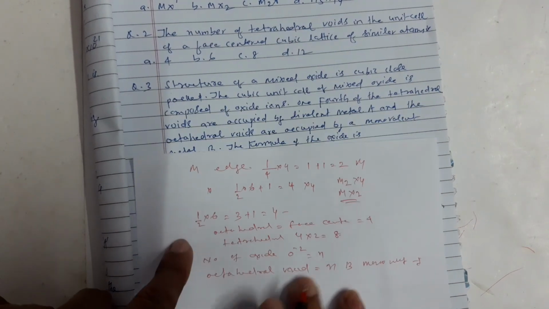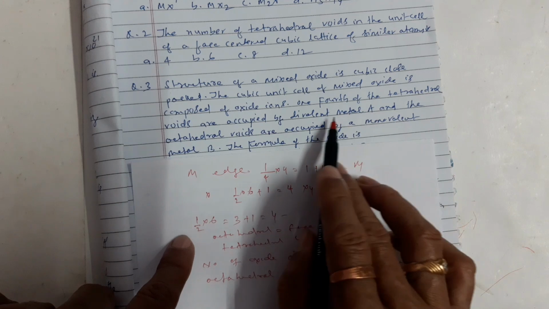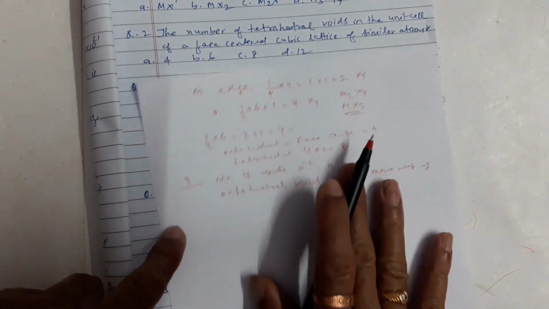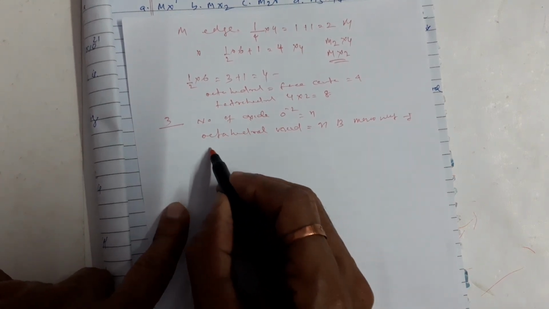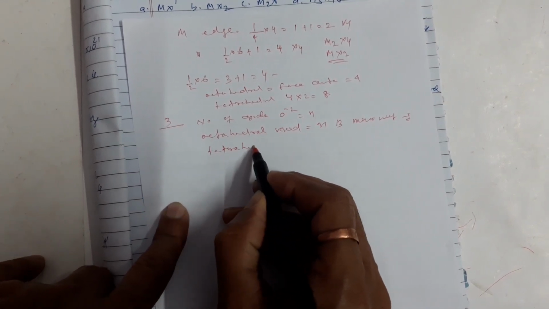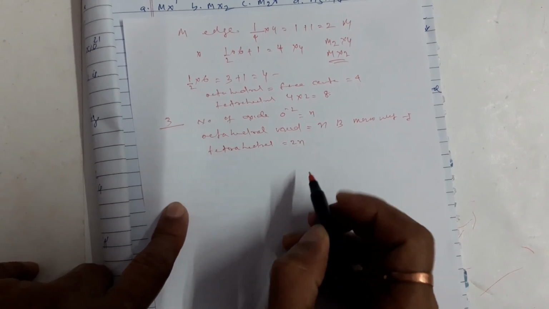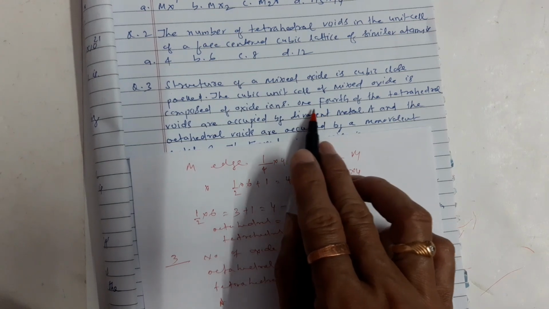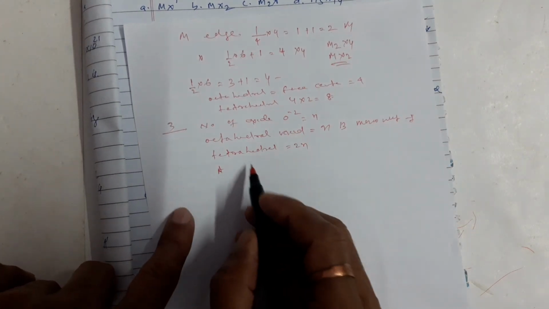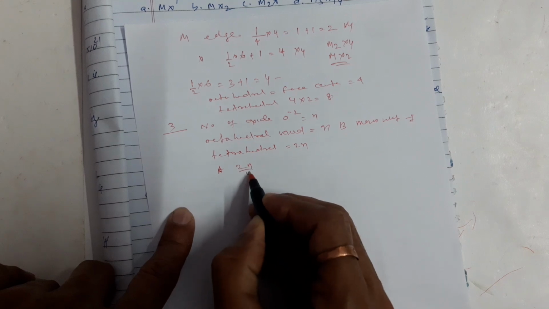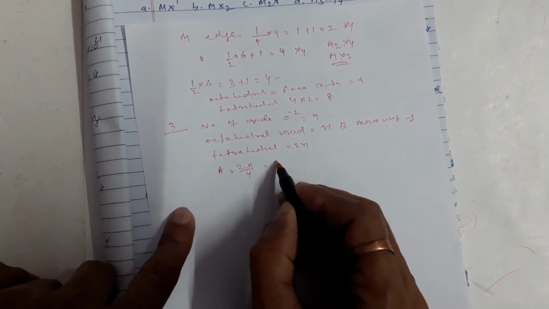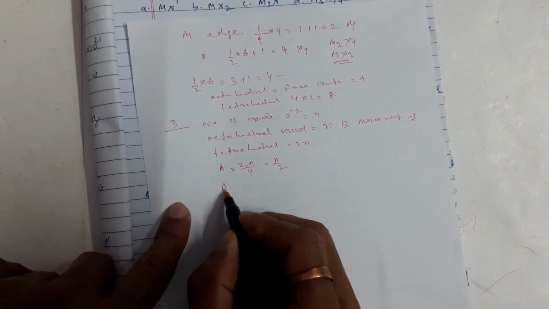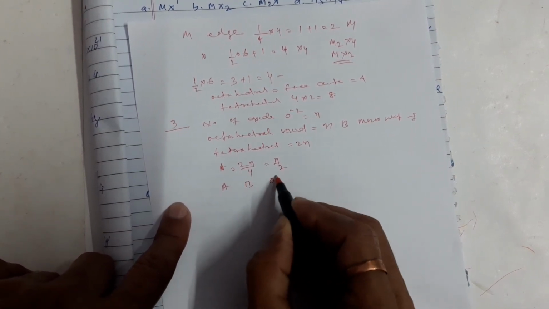Then the metal A is in 1/4 of the tetrahedral voids. If octahedral is N, then tetrahedral is equal to 2N, and A is 1/4 of the tetrahedral voids. So 2N divided by 4, it is A, that is N by 2. Then you find the ratio of A, B and oxide O minus 2.